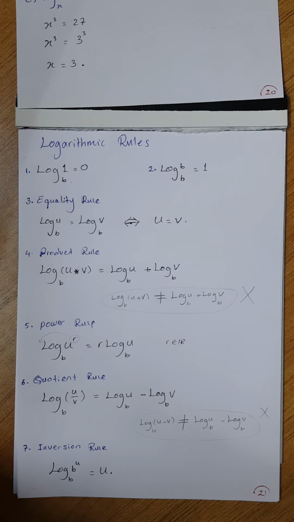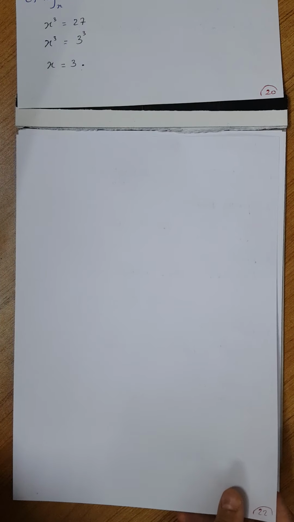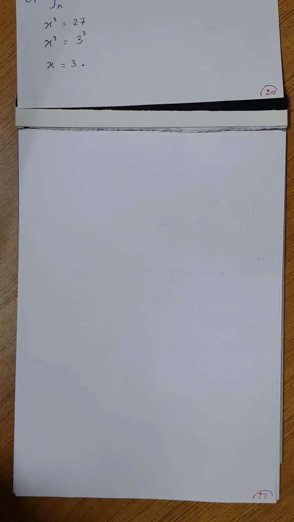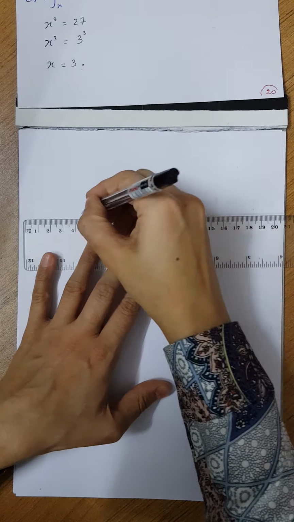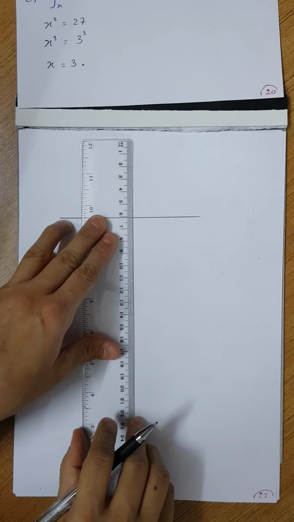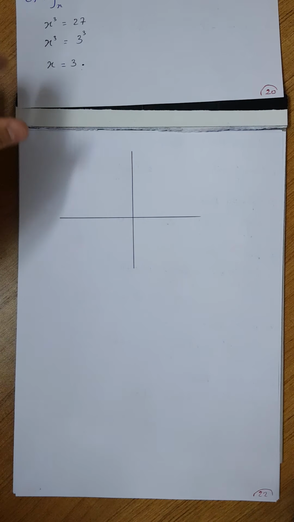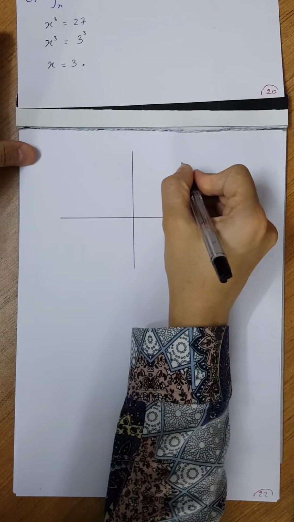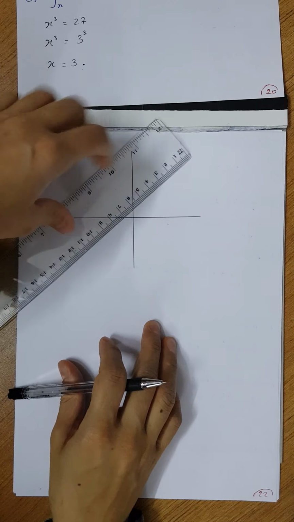Now we're moving to the relationship between the graphs of logarithm of x with the base of b and y equal to b to the power of x. When we were talking about exponential functions, let me first draw the mirror function.